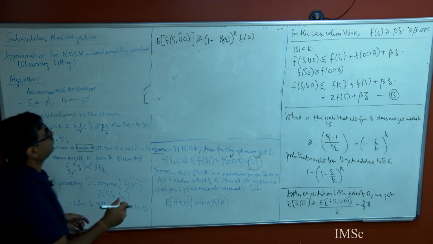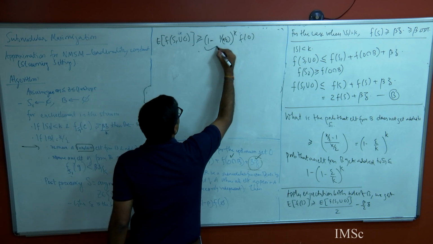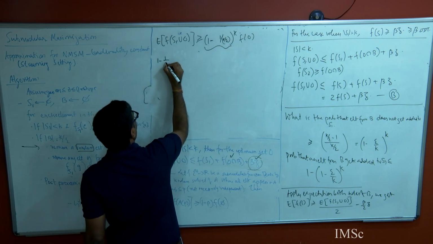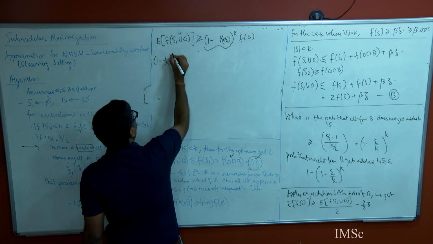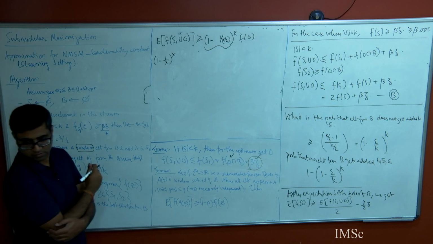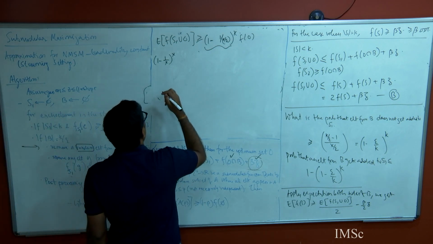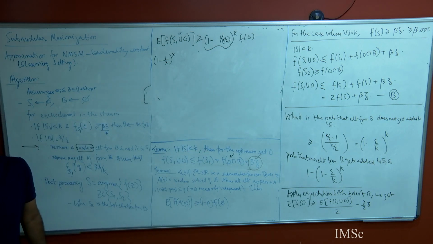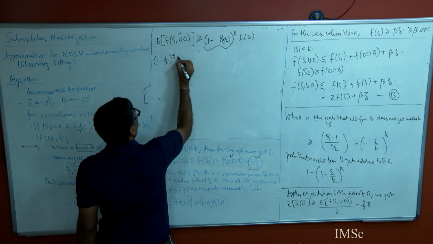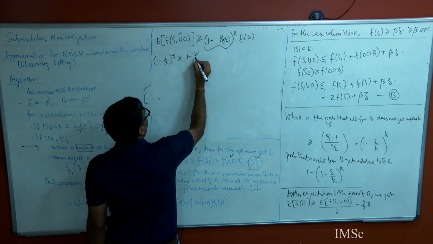Now, we can show this quantity. So 1 minus 1 by x to the power x, let's say y, is greater than or equal to 1 minus y by x.